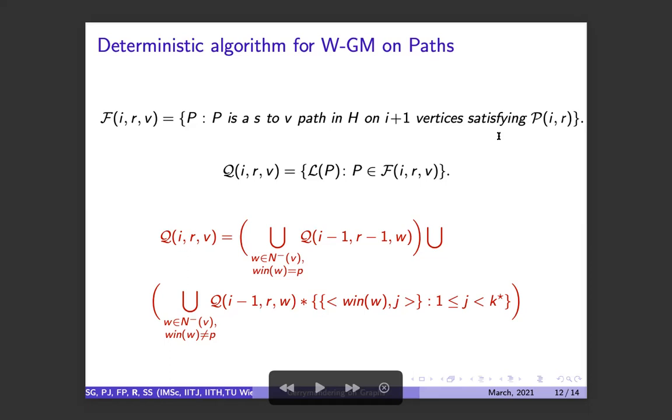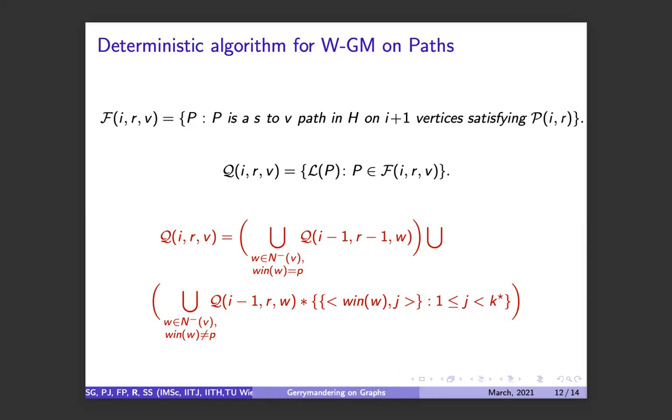What does that mean? One unlabeled arc goes out of S, so on this S to V path, P is actually winning r districts.